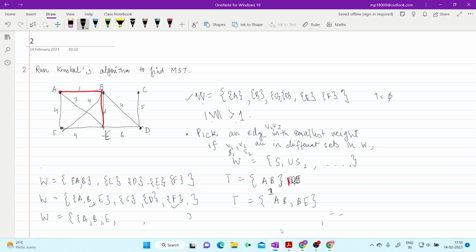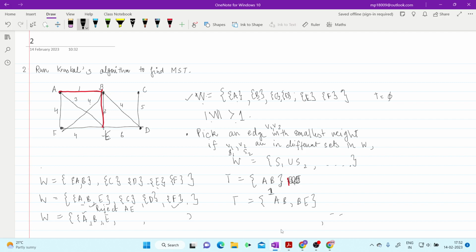This has weight 4, this has 2. So now at the next step, the edge AE with weight 3 is there, but we cannot accept the edge AE because A and E are contained in the same set. So we reject the edge AE and then we move on to the next possible shortest weight.